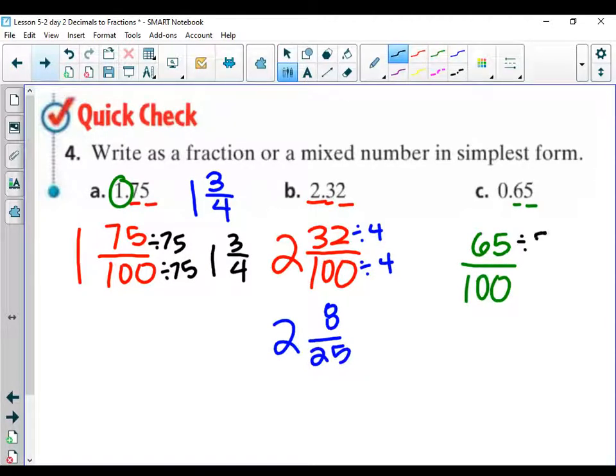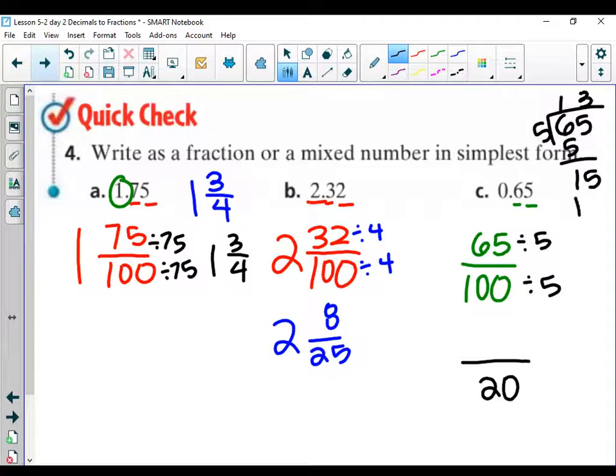Simplify, yes. Oh no. 65 divided by 5. Well, I guess I need a side problem. Oh, 13/20.